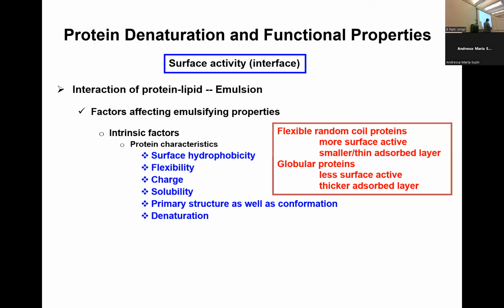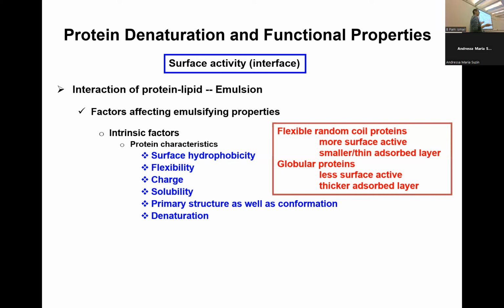Globular proteins form dense films. Why? Because they're usually smaller than open structure proteins, so you can have more of the globular proteins on the surface and form a thicker film. So they might have less emulsification capacity, but they will have better emulsification stability because they can form a thicker film around your oil droplet or water droplet.